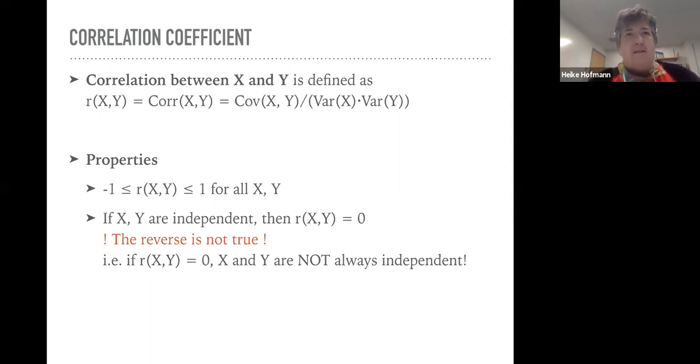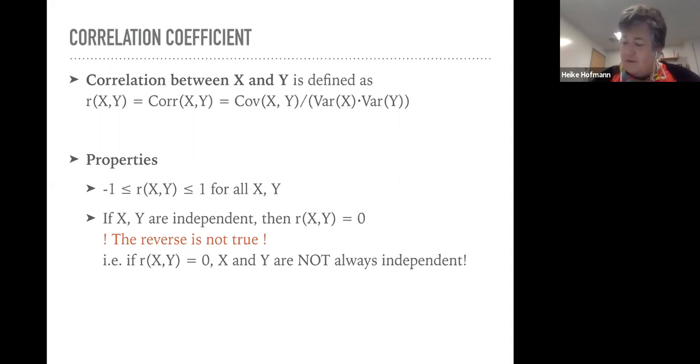The problem is the other way around, it's not true. So we can have cases where the correlation between X and Y is 0, but X and Y are not independent.